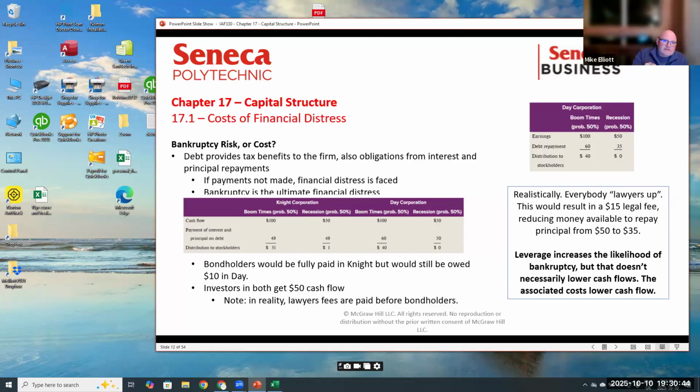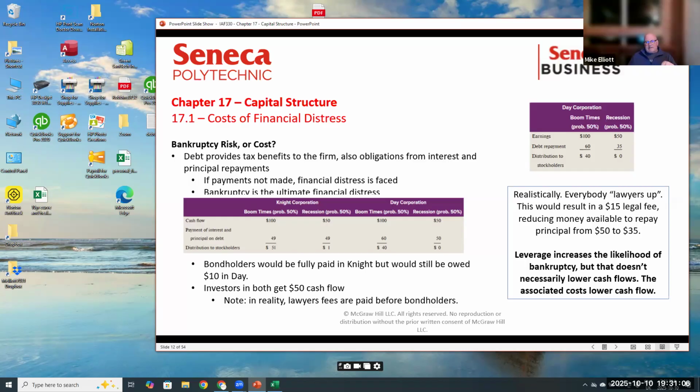Interest can be written off against the income in your company. That reduces your tax payments. Principal repayments are a little bit tougher, but it's not impossible either. Now, if we don't make these payments, and sometimes you don't, we call this financial distress.